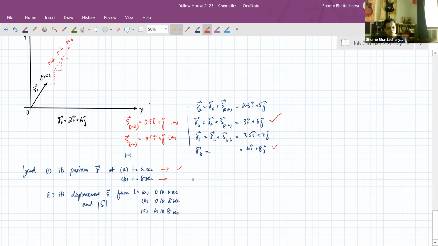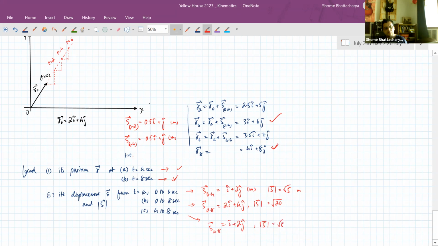Its position at 8 seconds we already got. Its displacement from 0 to 4 seconds will be i cap plus 2j cap in meters, and hence the magnitude of this displacement will be root 5, whereas this displacement from 0 to 8 seconds will become 2 i cap plus 4j cap, and the magnitude of this displacement will be root 20, whereas the displacement from 4 to 8 seconds will be i cap plus 2j cap. These will be the values.